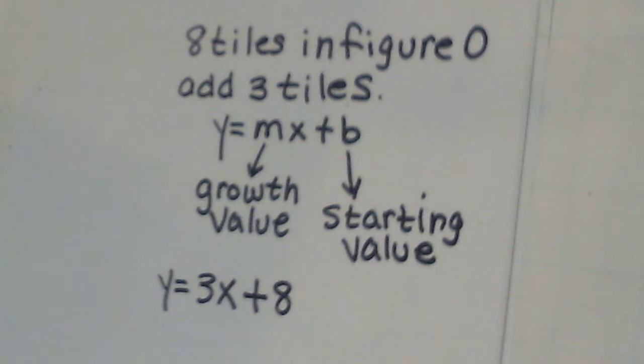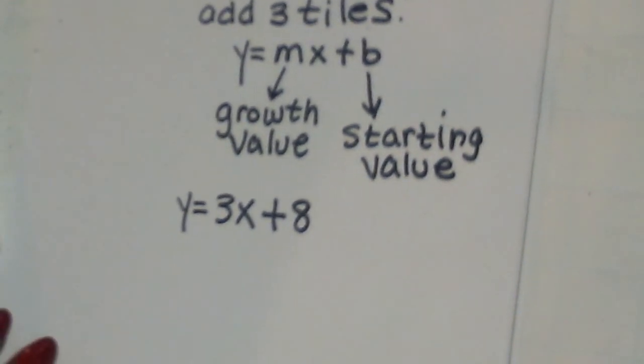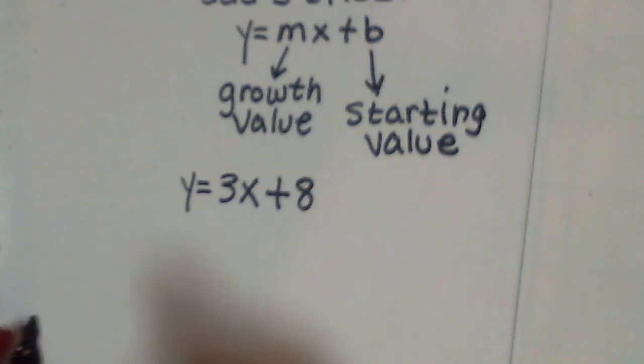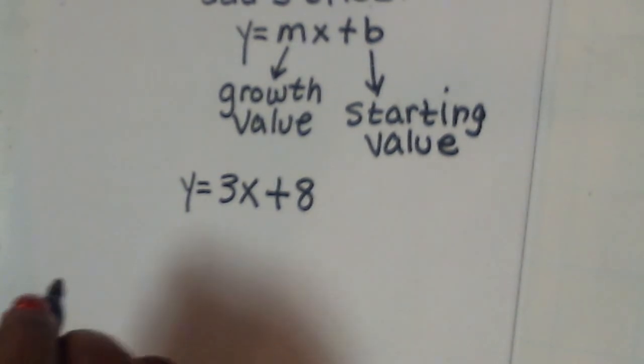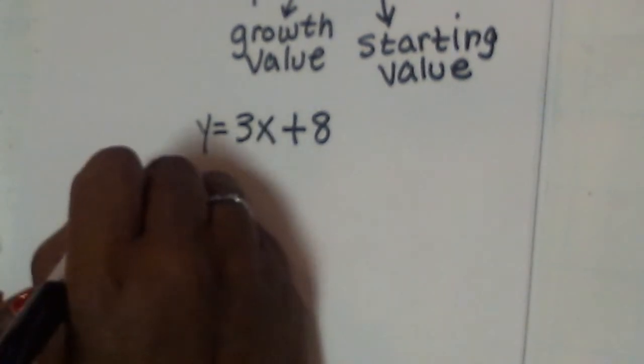Now for your entrance ticket. We're going to start out with the table. I want you to write the table.